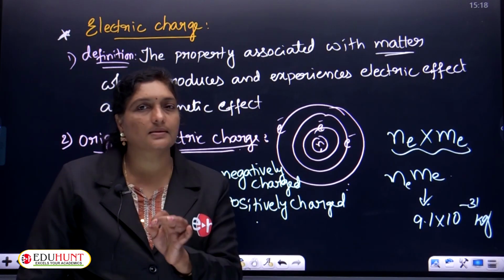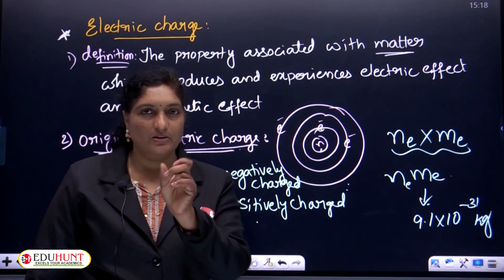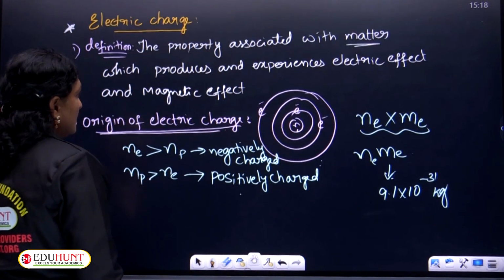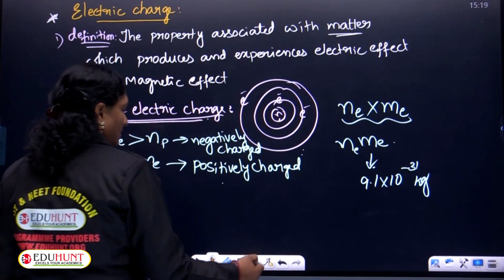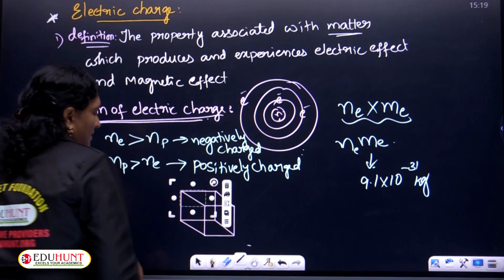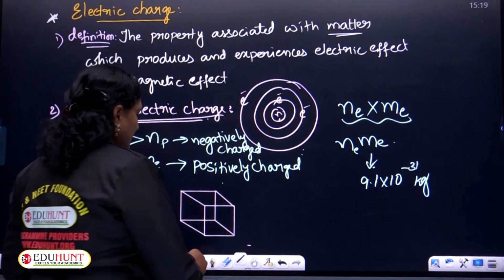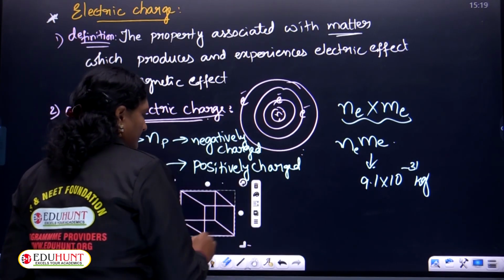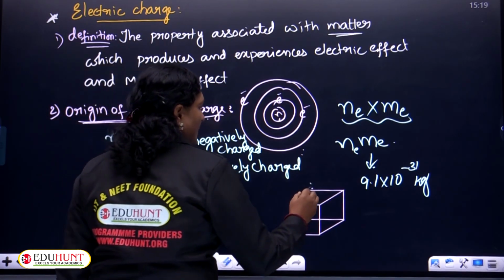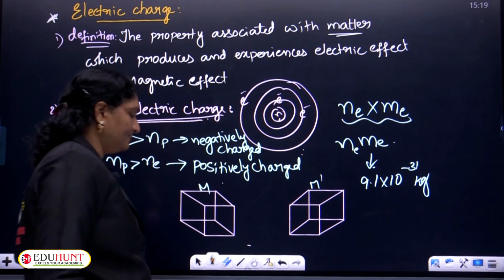Okay. So, let us try to understand the same with a small example. Suppose you consider a body. Let us consider the first body having mass m, and the second body having mass m1.